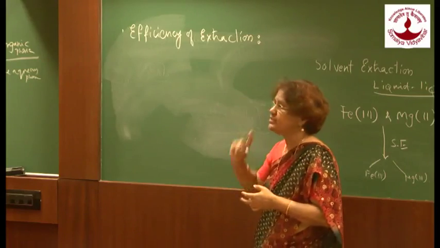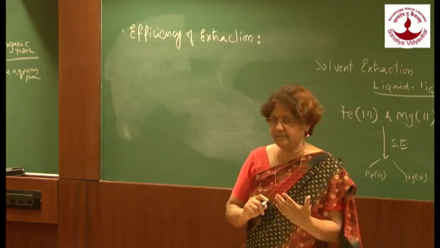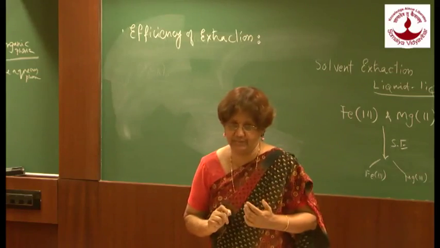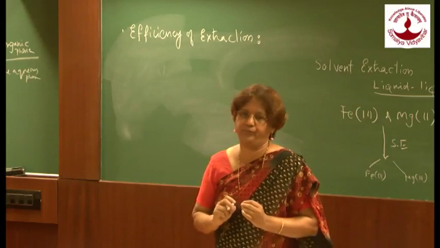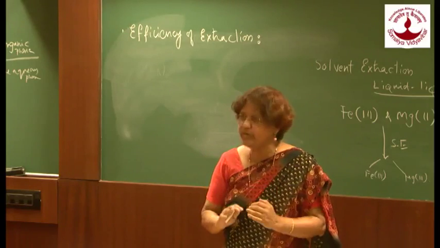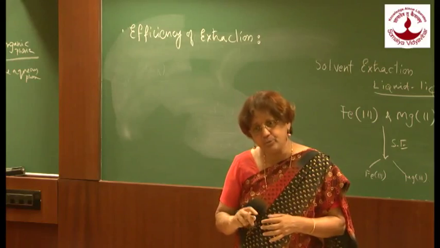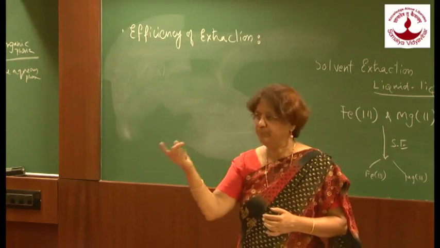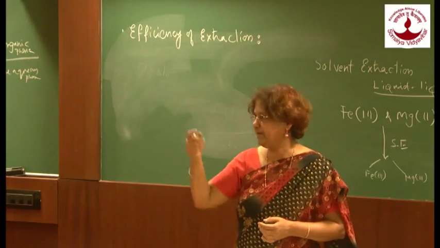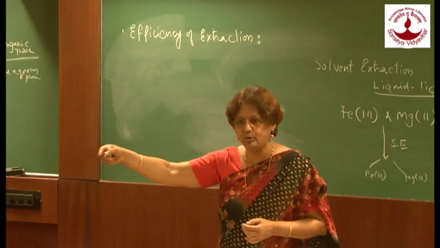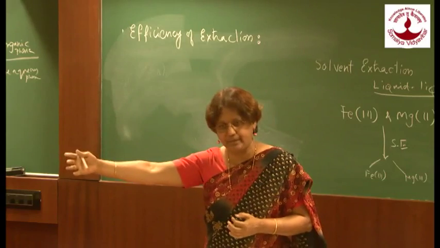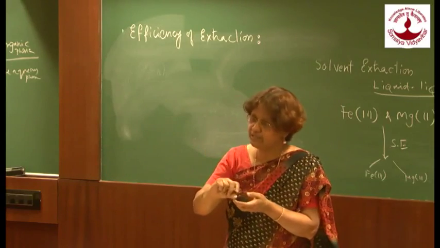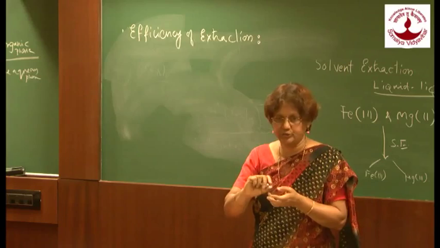Another thing is that efficiency of extraction increases with the number of extractions. Multiple extraction with a smaller volume of organic solvent is more efficient compared to a single extraction with a large volume of solvent. In this specific case also, I told you, we remove the lower aqueous phase, take it to the next separating funnel, and treat it with a fresh portion of the organic solvent.